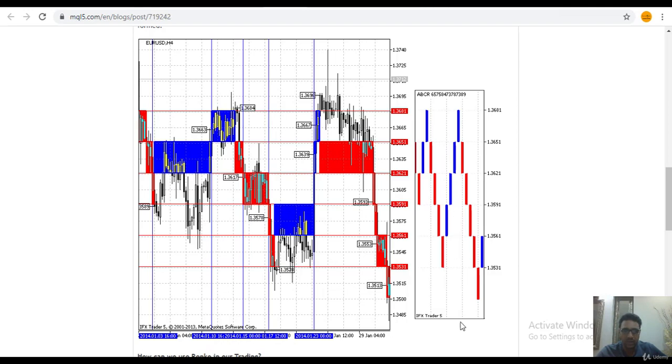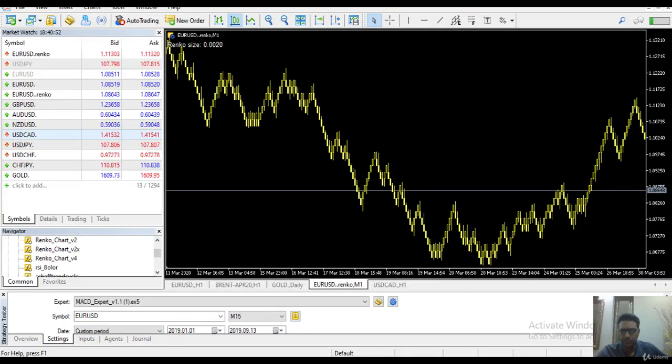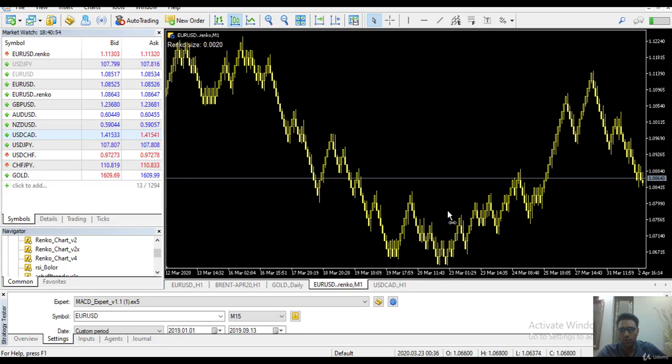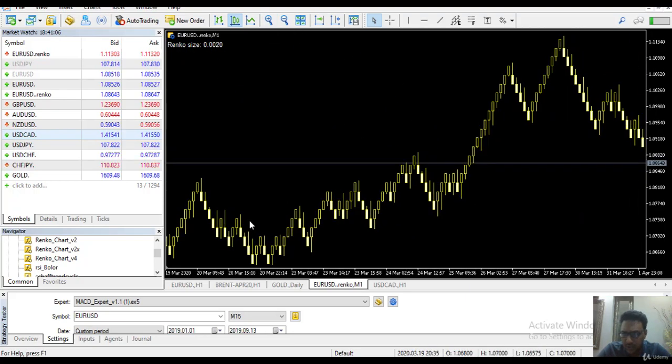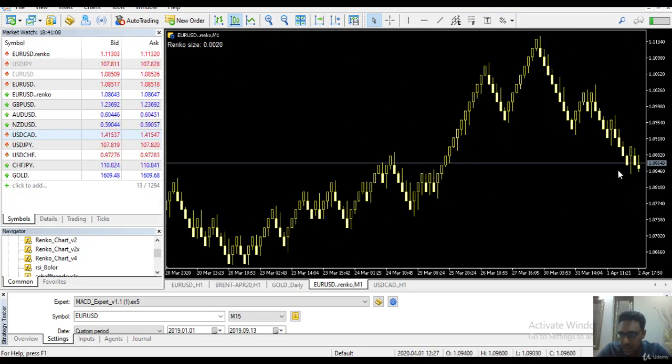So we will now see our old chart of 200 points. Why are the wicks very important? It's because when the red brick, you can see here, so let's move to the last. When this red brick broke, it moved the price down.